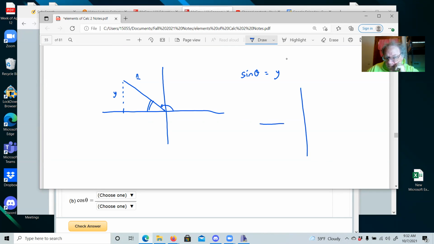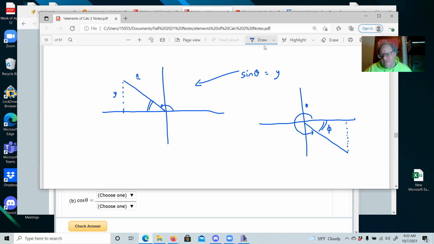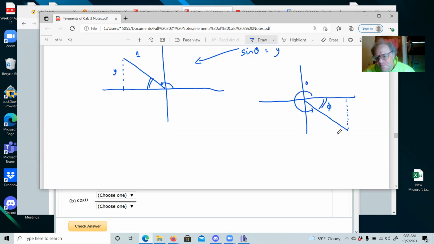Okay, cosine. Let's not draw a circle, let's just draw the triangle. So if I want the cosine of an angle, there we go. Here's my theta. My reference angle is found by dropping a perpendicular to the horizontal. It's going to have the same ratios as this angle here. Usually the second angle is phi. I've always pronounced it phi, but I don't know.